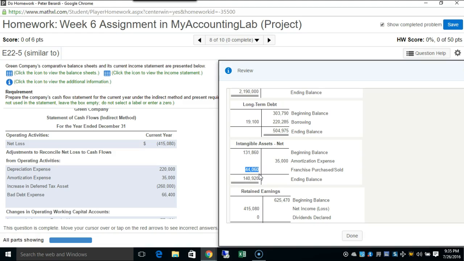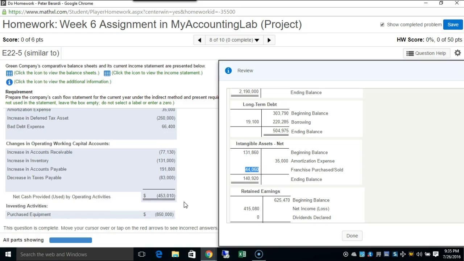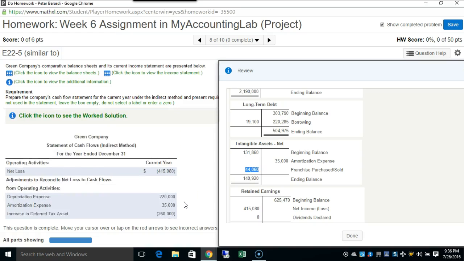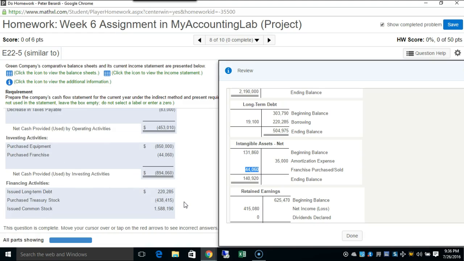It is this number, the plug, the $44,060, that is what we increased intangible assets, and therefore you have to reduce working cash flow, which is right here. Therefore, your net cash provided used by investment activities is $894,060.